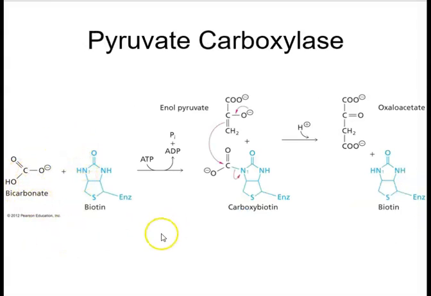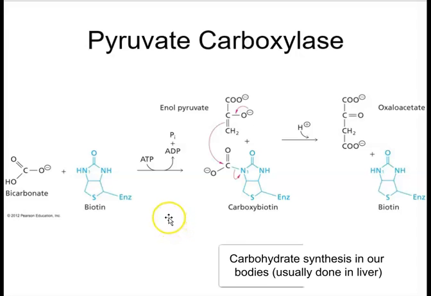In this example, here's pyruvate carboxylase, turning the enol pyruvate into oxaloacetate. This is the buildup we can create from smaller compounds like pyruvate. We can create bigger compounds, where we add on a CO2 group.